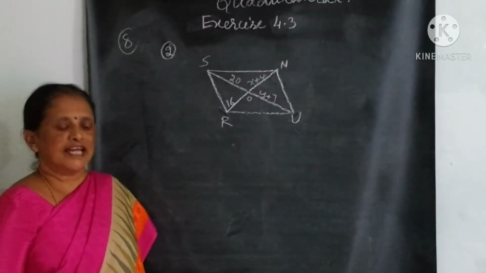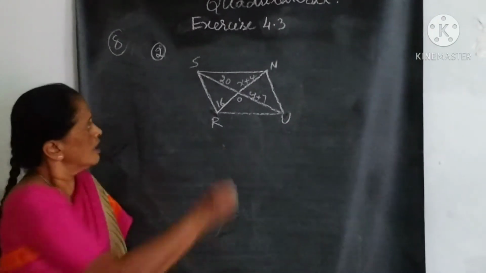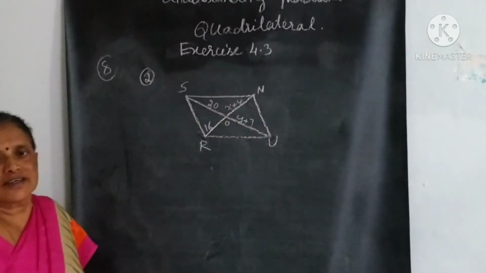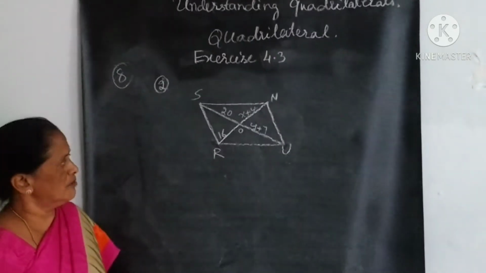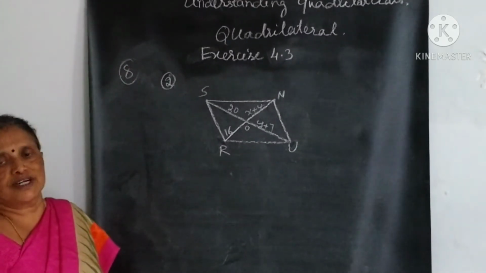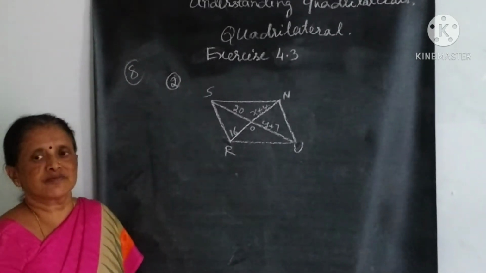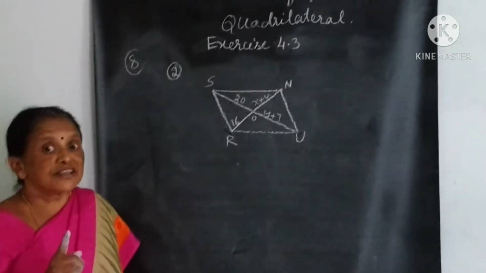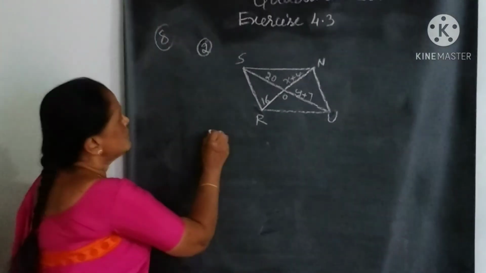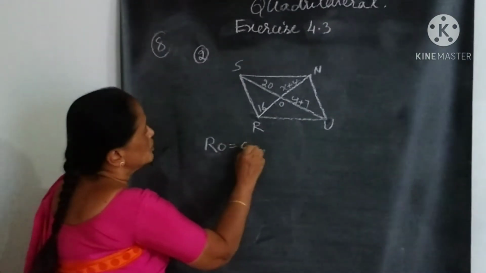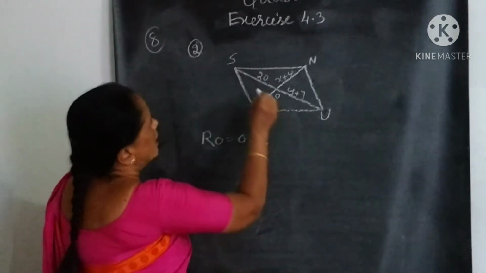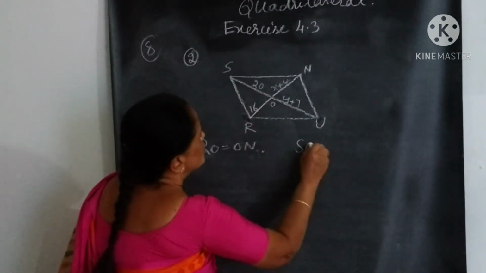In 8th problem, second one. RUNS is a what? Parallelogram. Find the value of X and Y. We already know that in a parallelogram, diagonals bisect each other. That means RO is equal to ON and SO is equal to OU.